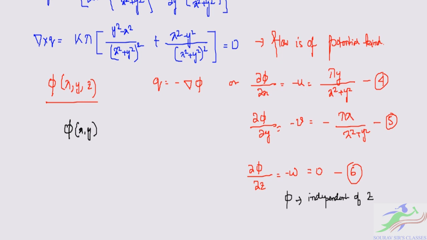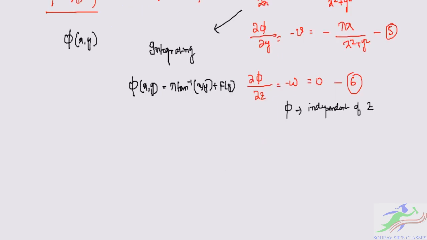Integrating relation 4, we will get phi of x comma y is equal to lambda tan inverse x by y plus a function f of y.